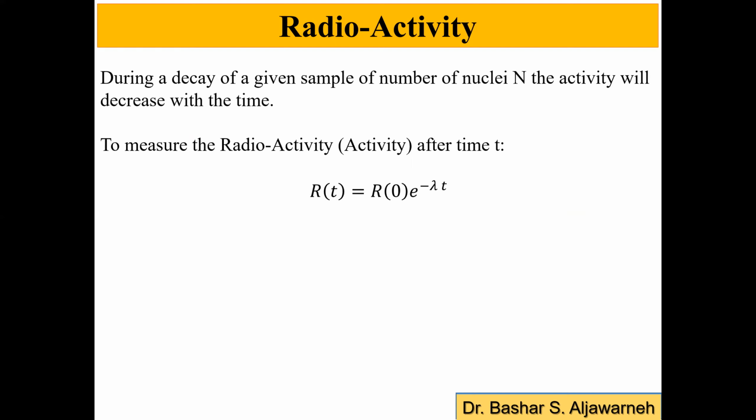And please, T is a unit of time, and lambda is 1 divided by unit of time. So please be careful. If T is in seconds, lambda should be in 1 over seconds. If T is in days, lambda should be 1 over days.